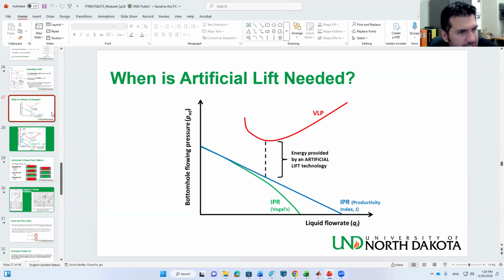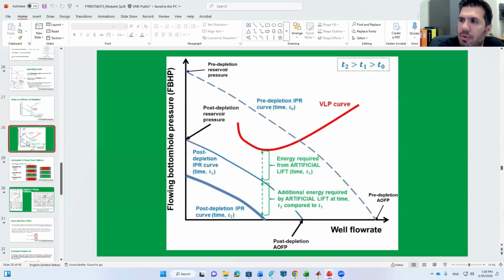That's when artificial lift is needed to provide the gap. And of course, as time goes by, depletion makes IPR move downwards and to the left. If VLP stays the same, you will need a stronger and stronger artificial lift system that is able to supply more energy to the fluid.